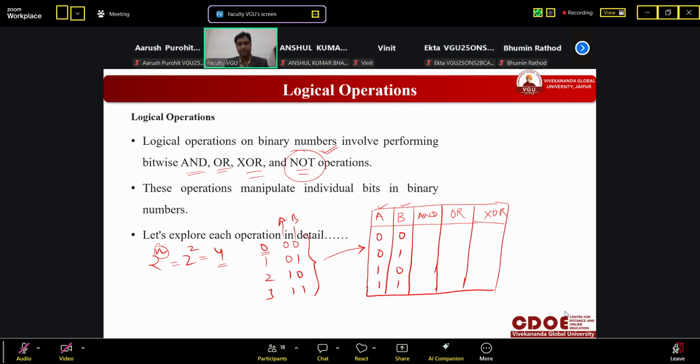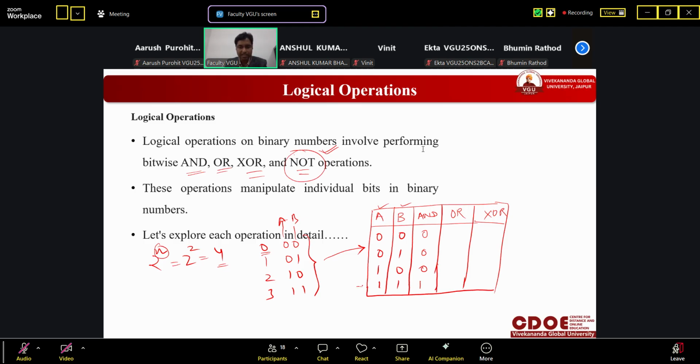Okay, so what we studied in the AND gate is that if any bit out of the 2 is 0, the output will be 0. You can see in all three cases, there is a 0, so all these outputs will be 0 because either one bit or both bits are 0 in these cases.